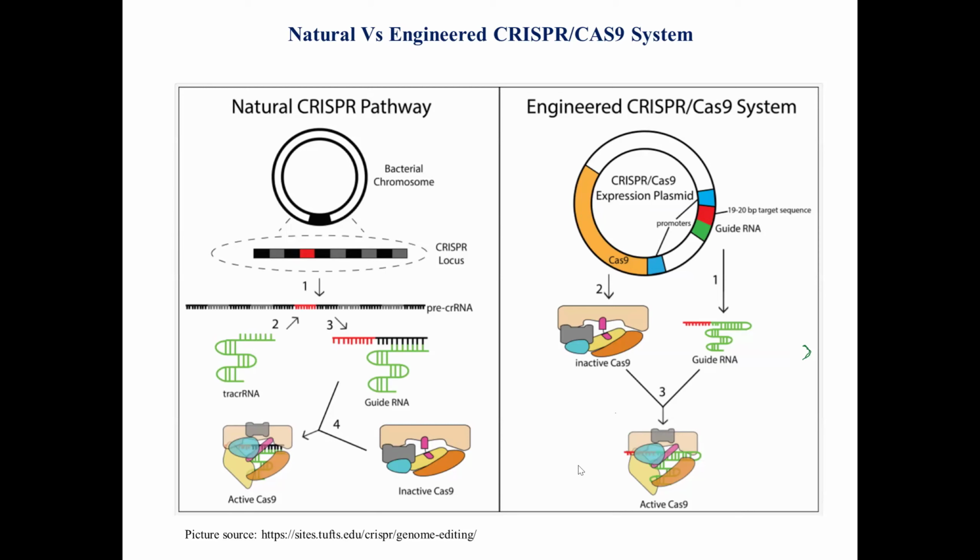AAV means adeno-associated virus. These are preferred in gene therapy, but nowadays the trend is changing. People are using AAV-based gene therapy, not only for CRISPR, but for many other things. Now you can package the Cas9 into AAV also, right?